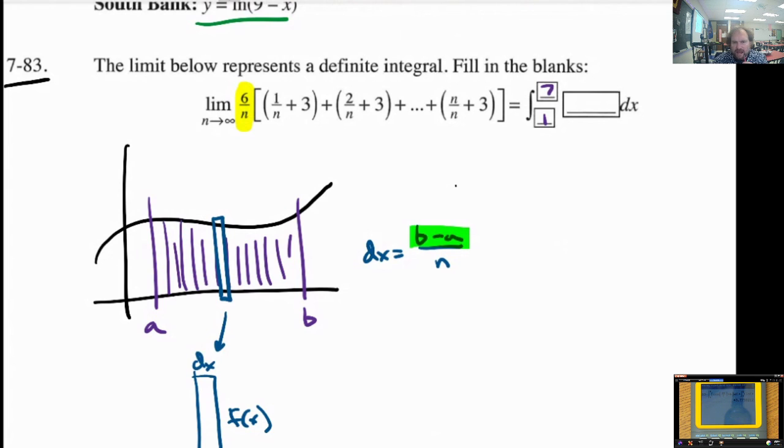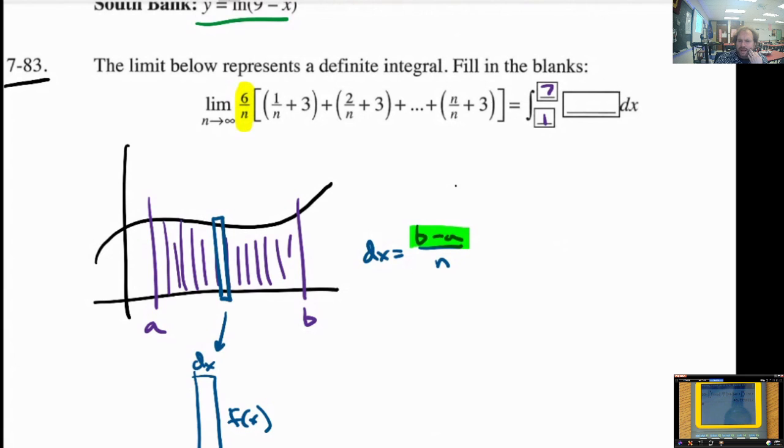Now, as far as what the actual function is, I'm seeing this 1 over n plus 3 thing happening here. I've got to think about this for a minute. It's going to be something plus 3.